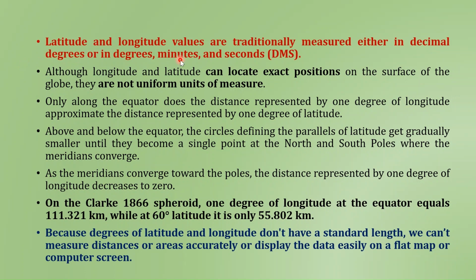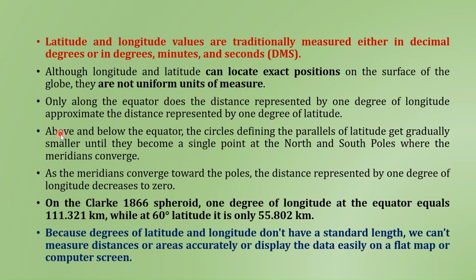Though latitude and longitude can locate the exact position on the surface of the earth, they are not a uniform unit of measure, because only on the equator is the distance represented by 1 degree of longitude equal to the distance represented by 1 degree of latitude.